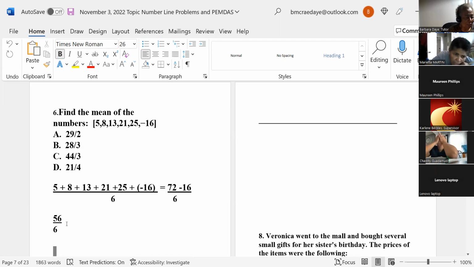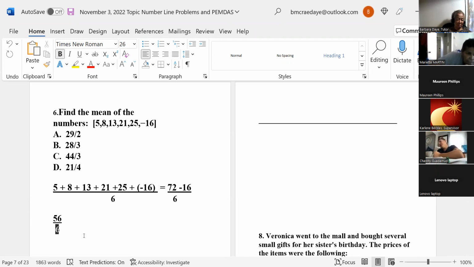What number can you divide into 56, the same number you can divide into 6? 6 doesn't go into 56.